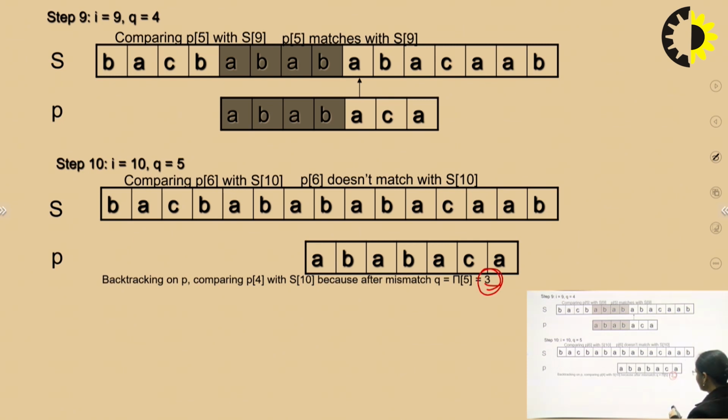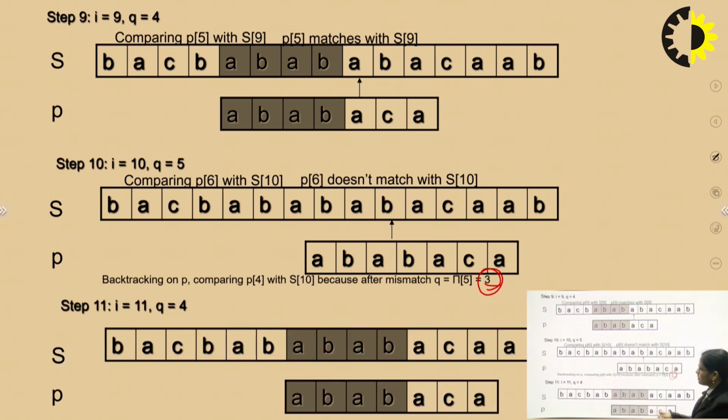Okay, so in this way we again backtrack. Then in this case the step 11 is i equal to 11, and we have to match with q equal to 4, because these pattern characters were already compared in our previous step.